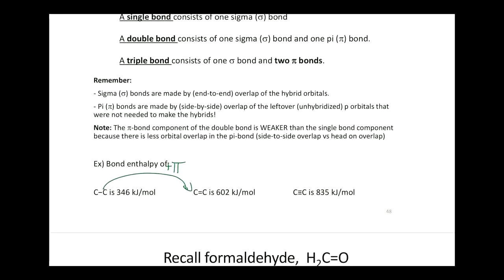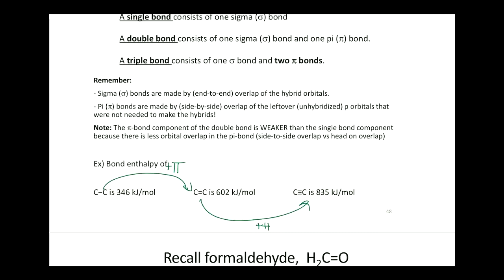The same thing happens when we go from a double to a triple bond: we're adding a pi interaction. So the bond enthalpy increases, yes, but not quite a tripling. That's the consequence of the difference in orbital overlap for sigma and pi bonds.